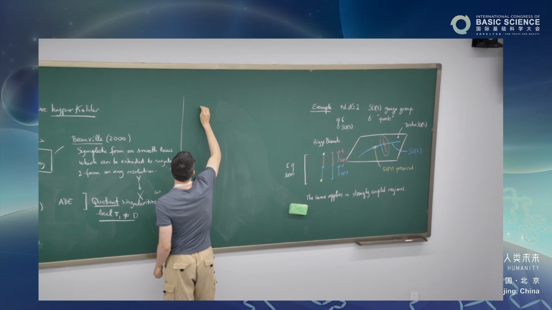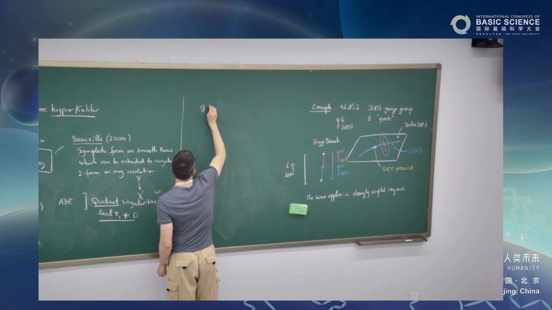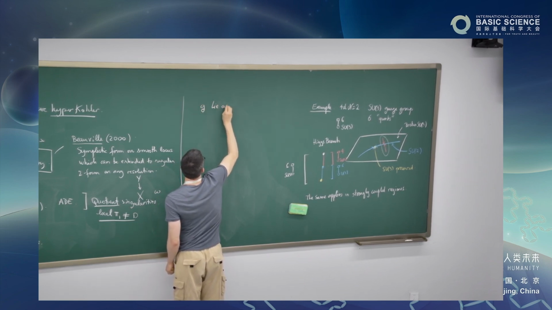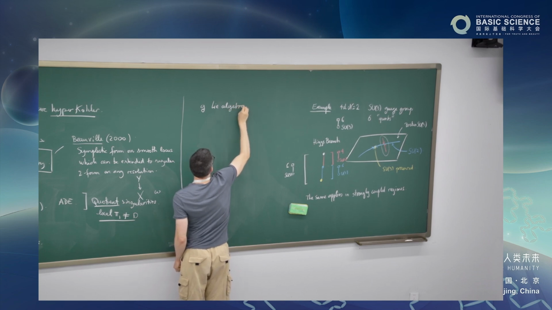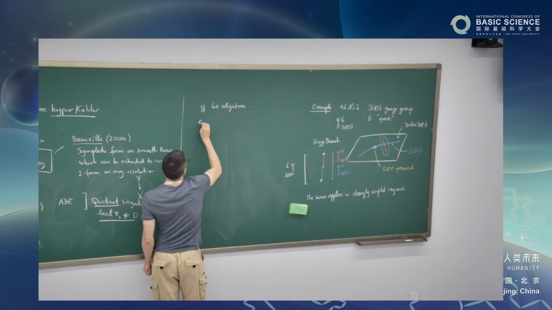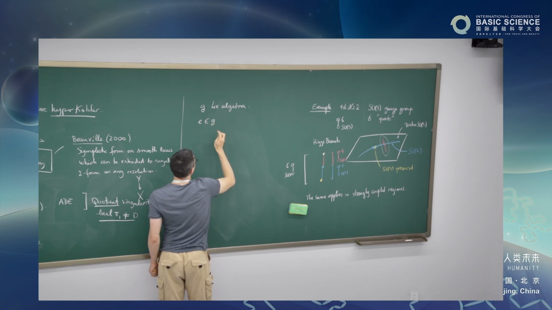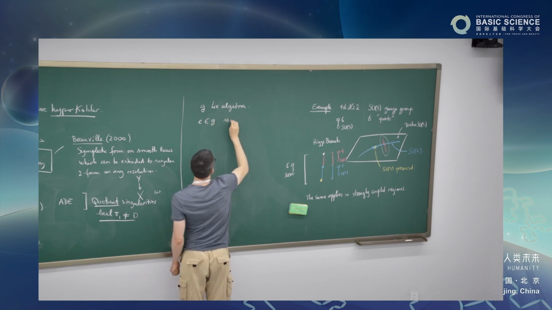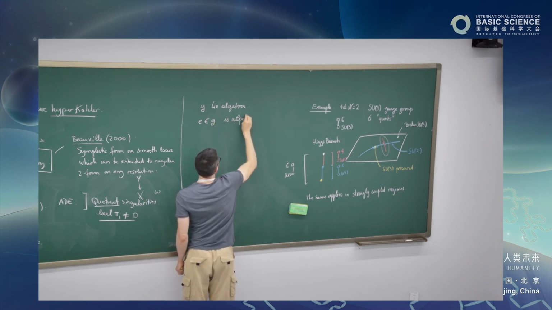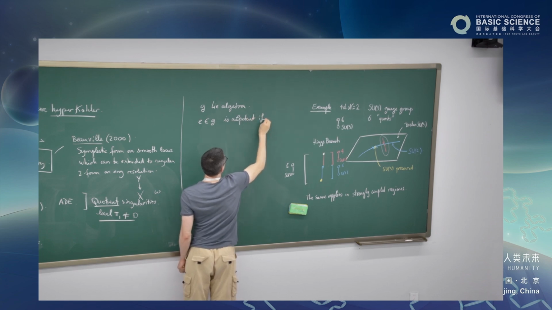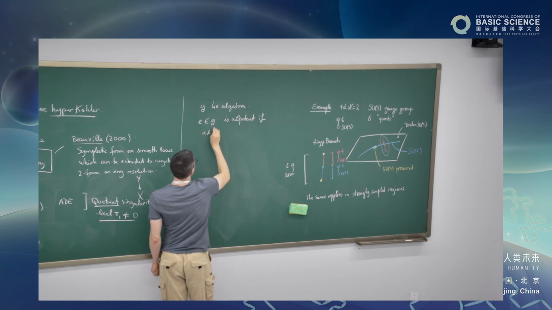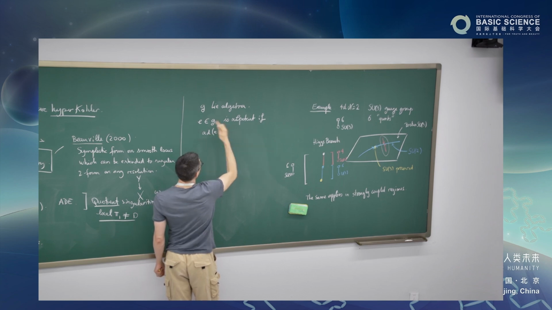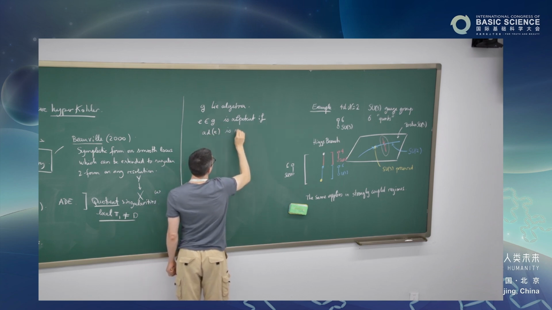You take a Lie algebra, say G is a Lie algebra. And then you pick an element E in the Lie algebra, and you say that it's nilpotent if the adjoint action of E on the Lie algebra is nilpotent.